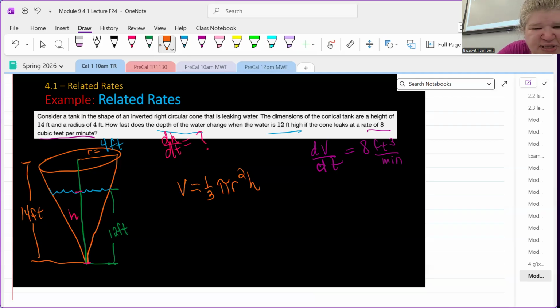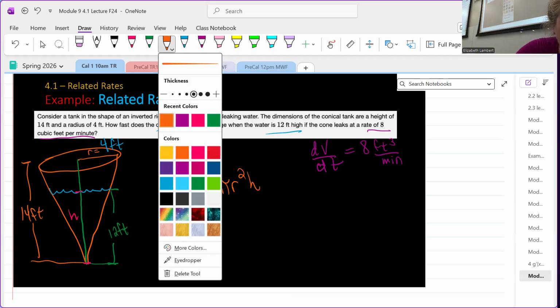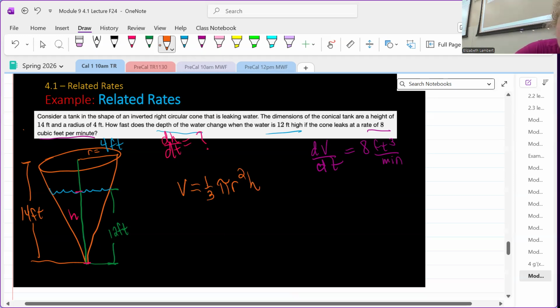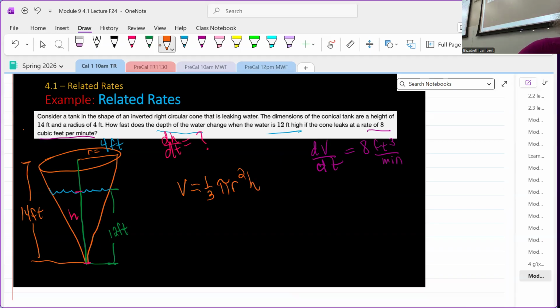So I've got my h in there, and dH dt is what I wanted to solve for. But I also have a radius in there. So let's see.